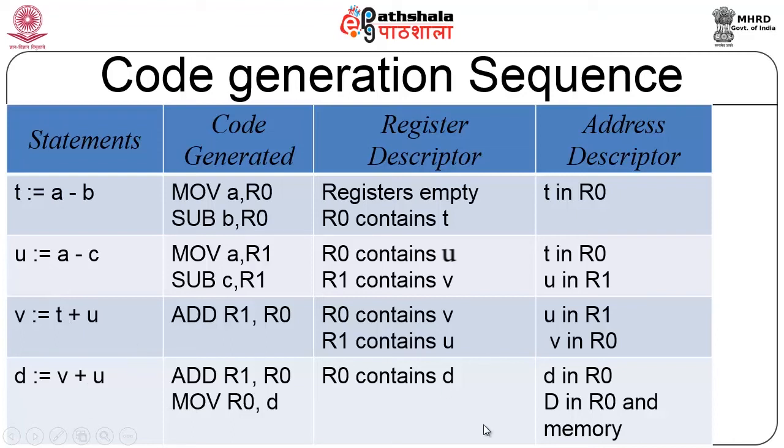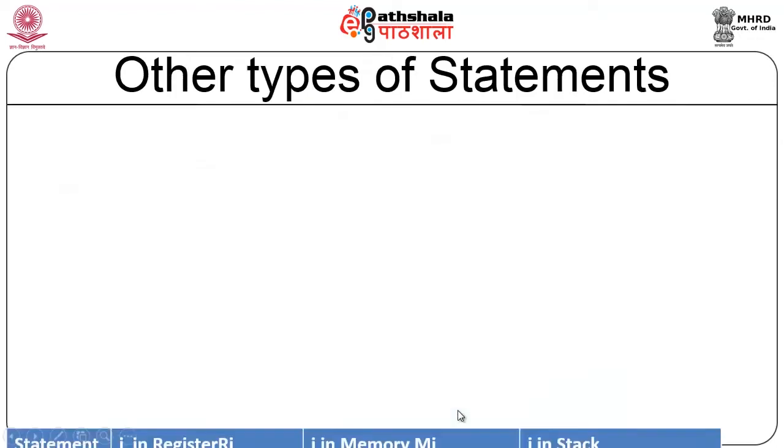So R0 contains D, and D is in R0 and memory; that is going to be your final conclusion. Since D is also in R0, we have updated the value of D, as well as R0 also containing the value of D.